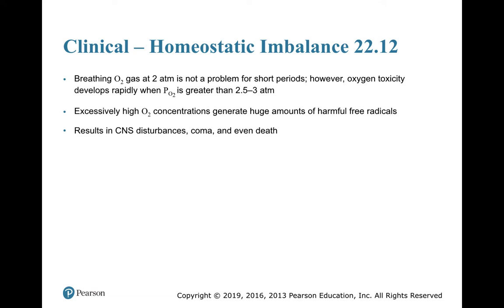However, oxygen toxicity rapidly develops if the partial pressure of oxygen is greater than 2.5 to 3 atmospheres. So as usual, the dose makes the toxin, and too much oxygen is toxic. Excessively high oxygen concentrations generate a lot of free radicals, and they can result in central nervous system disorders, coma, and even death.